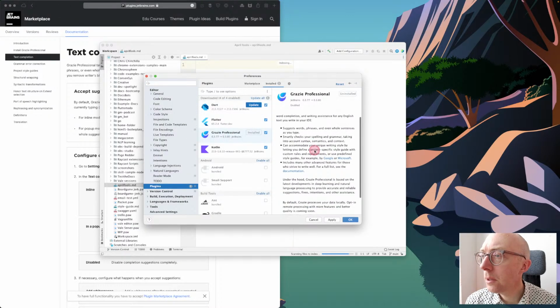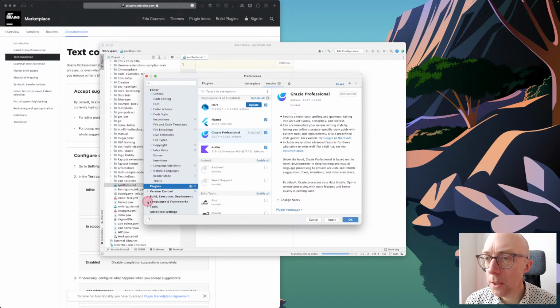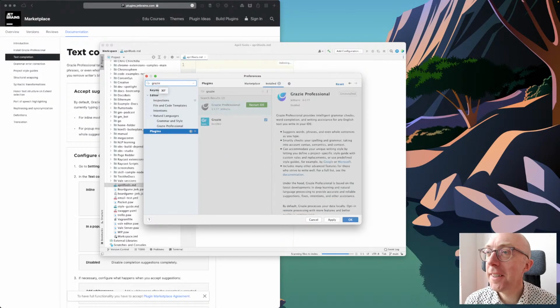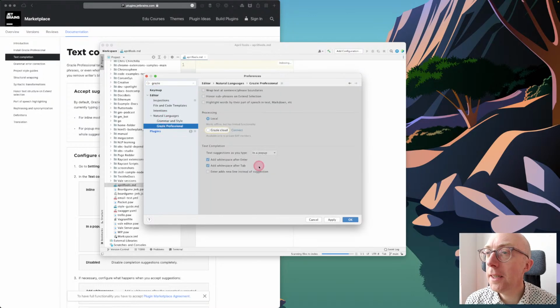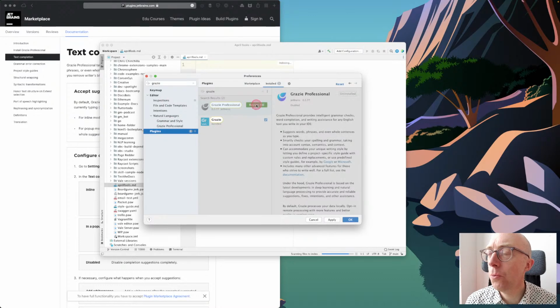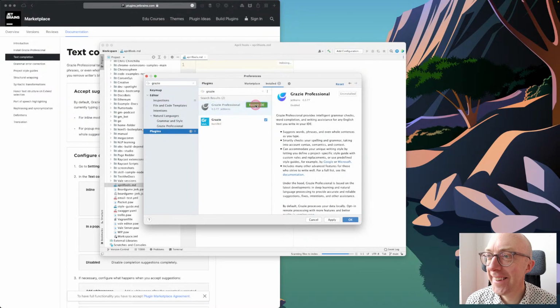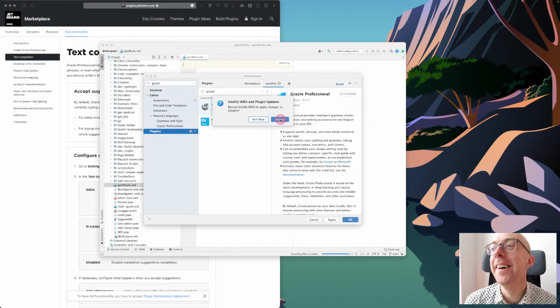Let's just get to the settings, which were buried somewhere. Yes. Text completion and a pop-up, yeah. Although I just noticed it wants me to restart the IDE. So let's do that first.